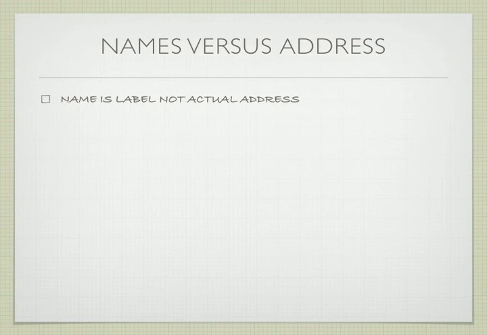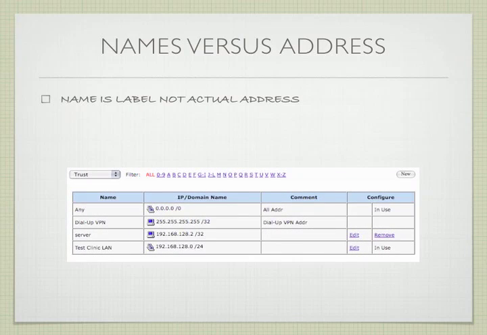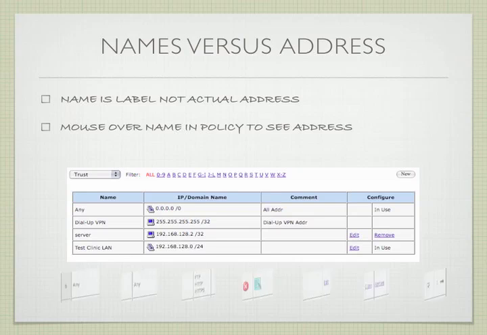Names versus address. Remember, the name is a label, not the actual address. So this says server. The actual address that's being processed is 192.168.128.2, and that's in our address list. You'll notice if you mouse over in a policy on the web, it will show you what the address is.